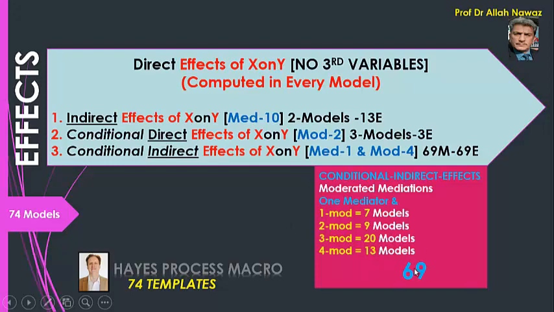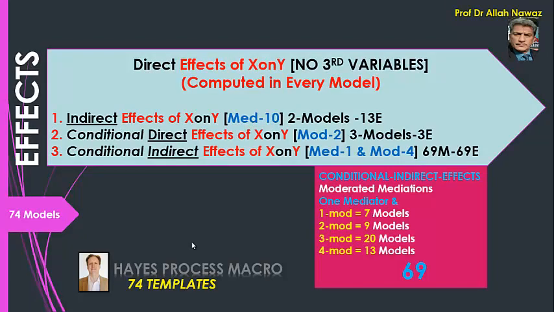So these are the 69 models regarding conditional indirect effects or moderated mediations, and 3 models for the conditional direct effects, 69 plus 3, 72, and 2 models for the indirect effects of mediators.